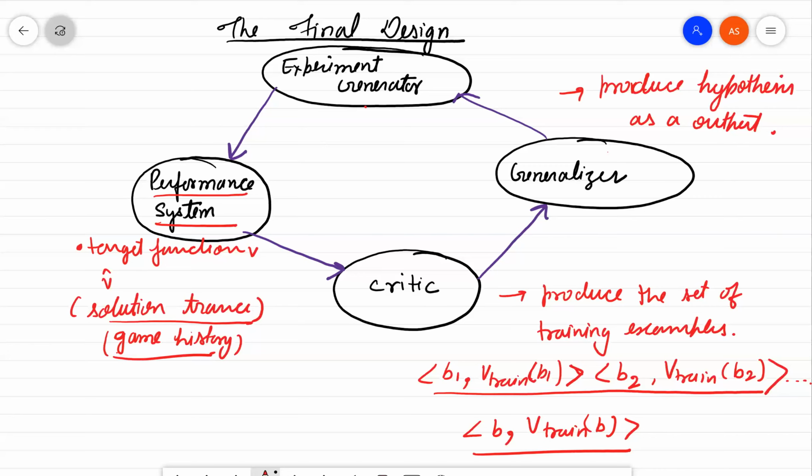So this is all about the final design, how the system will work in different modules. Till here we have covered all the points of designing a learning problem, designing a learning system.